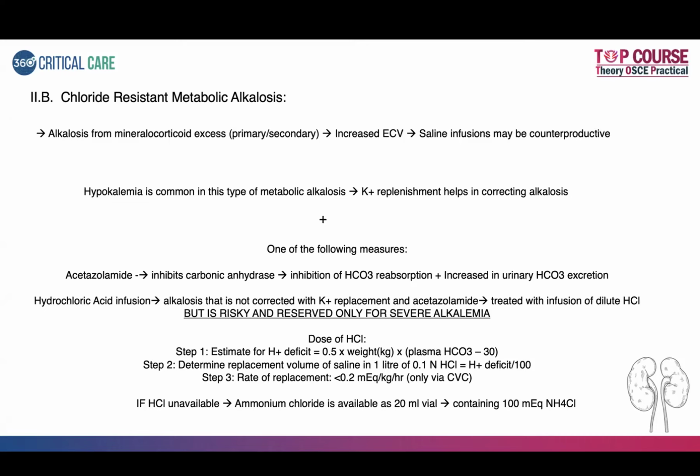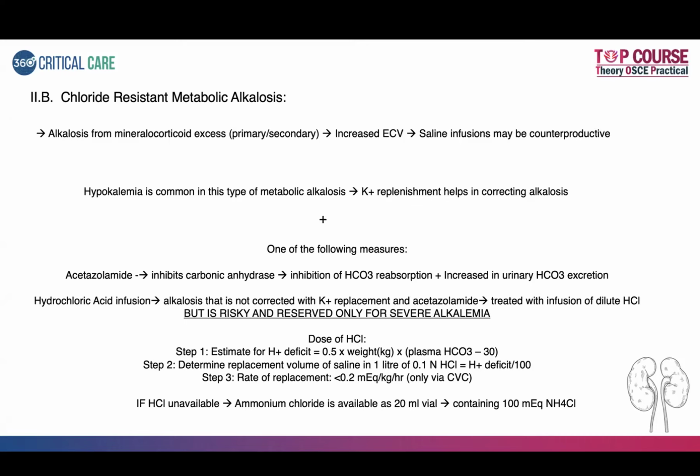Whereas in conditions where, despite potassium supplementation and acetazolamide administration in chloride resistant metabolic alkalosis, there is no improvement in the pH or in the bicarbonate, hydrochloric acid infusion can be considered.